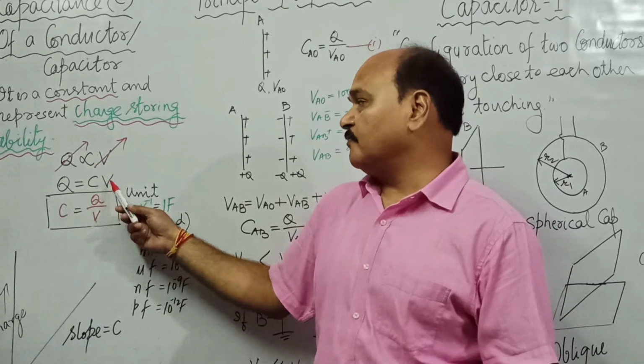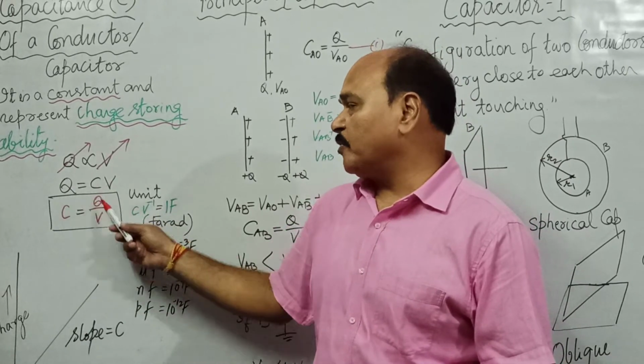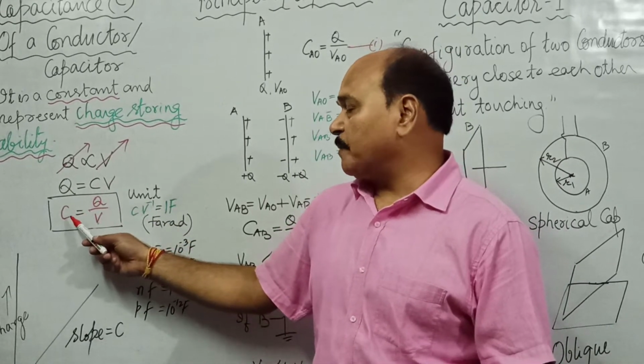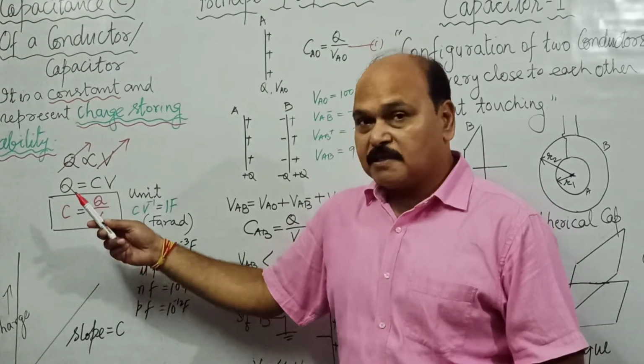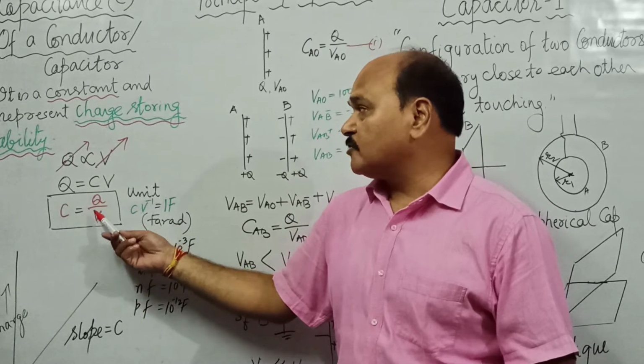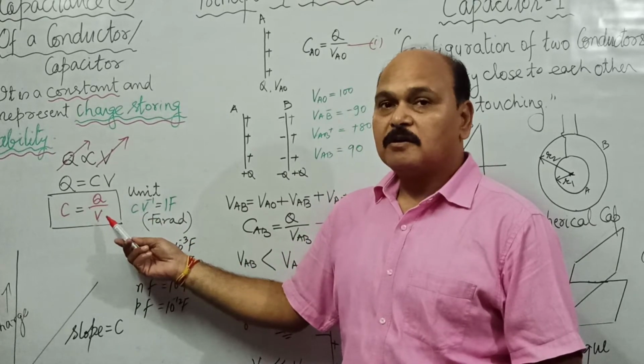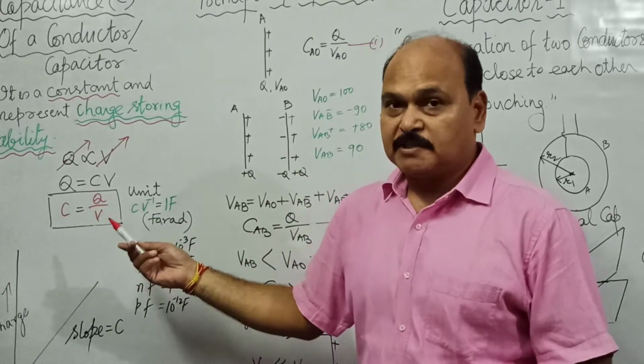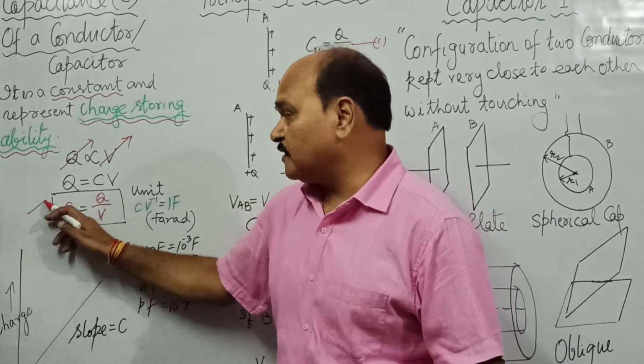And if we change the side of V, what do we get? C as Q upon V. So, capacitance of a conductor or capacitor is defined as the ratio of charge to potential of a conductor. This is the mathematical definition, and children, you are supposed to write down this definition only.